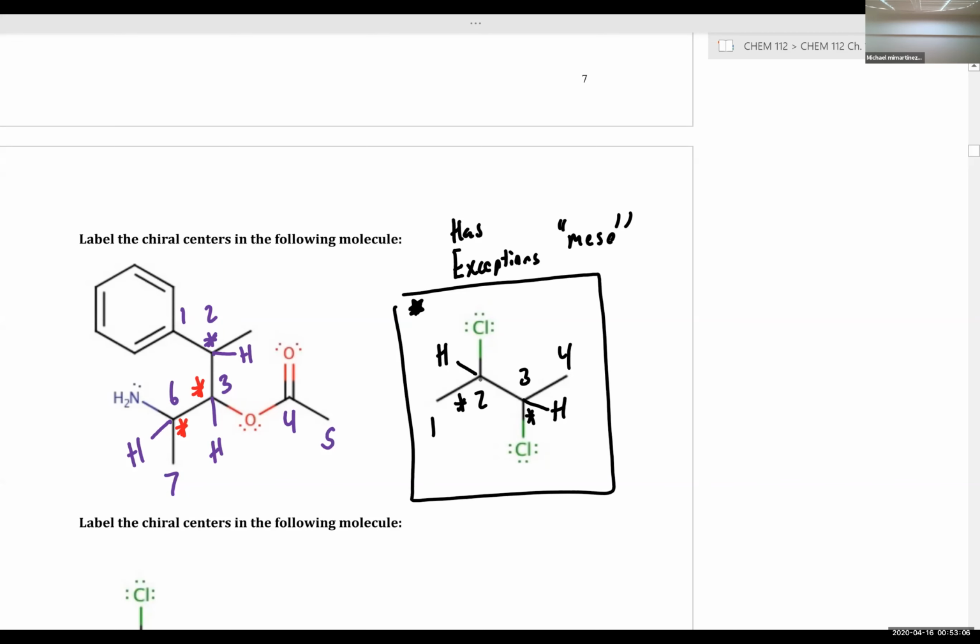So we're correct in assigning these 2 centers as chiral centers, but there are certain stereoisomers of this molecule that are actually achiral. And we'll show that when we talk about meso isomers. But the answer for 2 and 3 for this question was spot on, exactly right. Is everyone comfortable so far? Is everyone following so far with this lecture?